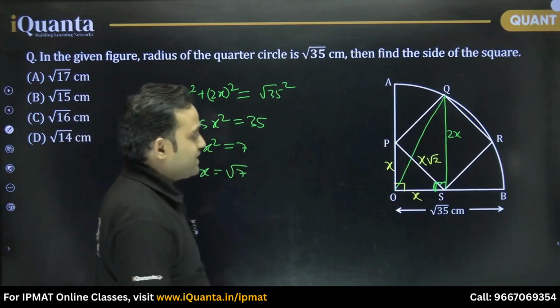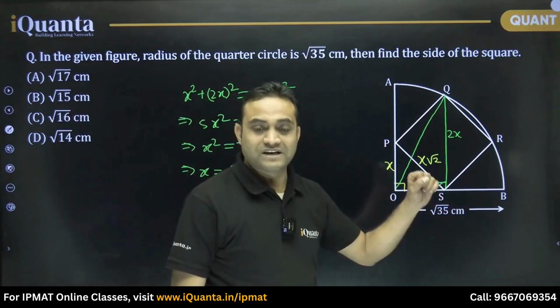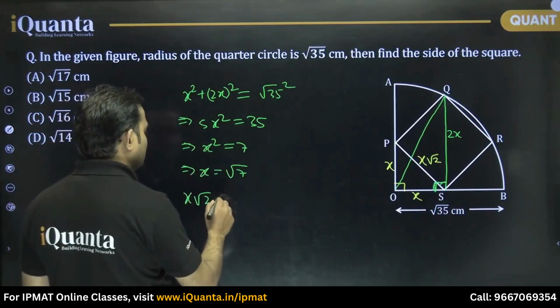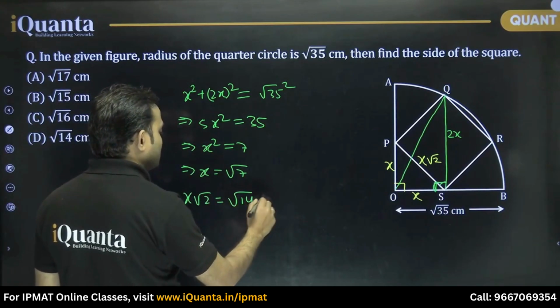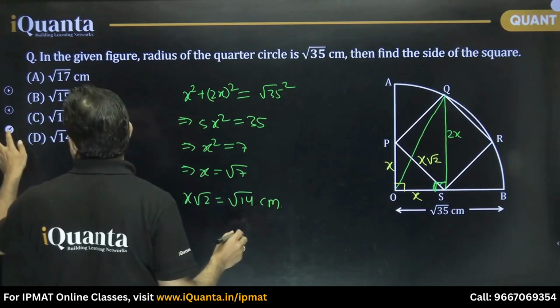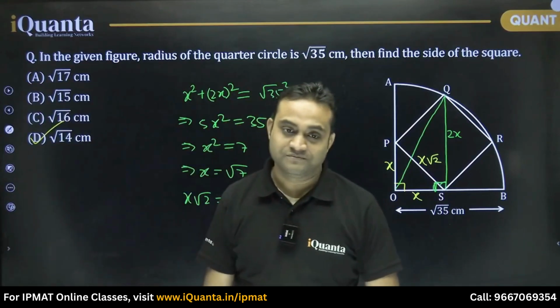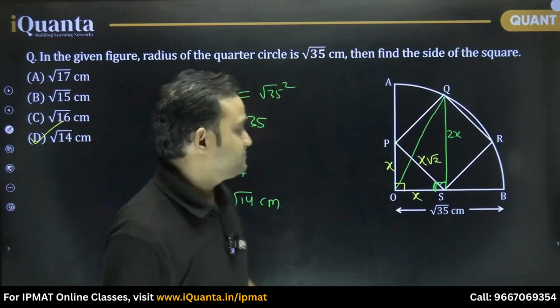What we need to find is the side length of this square, which is PS. We can say x root 2 will be equal to square root of 14 centimeter, and so our answer is option D, square root of 14 centimeter.